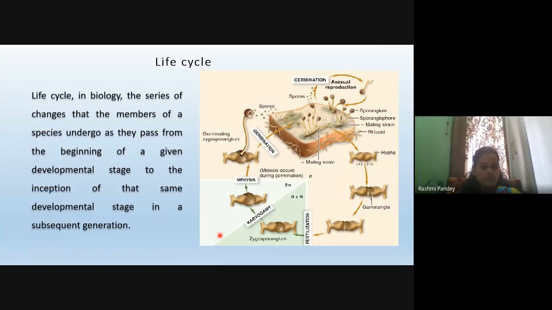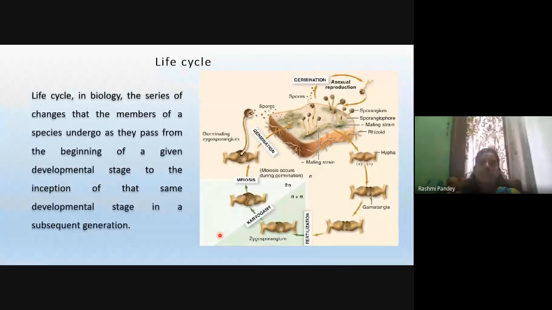Now, four things you remember to put in your life cycle. Whenever you have to depict a life cycle, two things: the asexual phase, how it is occurring, or the vegetative growth, vegetative development, how it is occurring, and the sexual phase. Now, in the sexual phase, you will always have fertilization and meiosis mentioned.